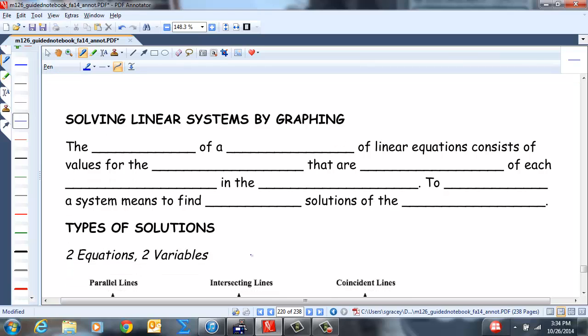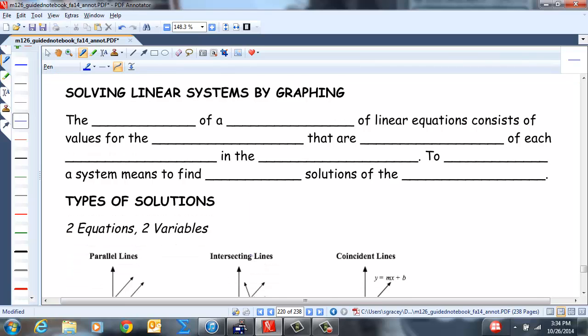All right, so solving linear systems by graphing. The solution of a system of linear equations consists of values for the variables that are solutions of each equation in the system.